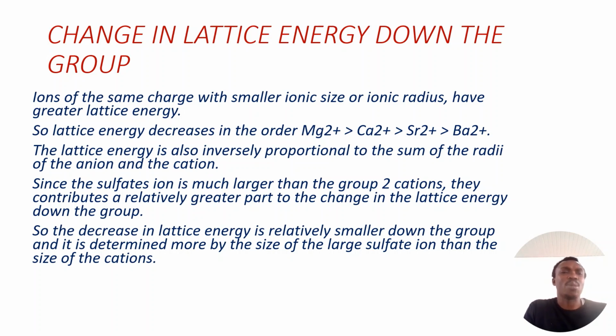So the decrease in lattice energy is relatively small as you go down the group, and it is determined more by the size of the large sulfate anion than the size of the cation. So the effect of lattice energy is relatively small as we go down the group. We can't just consider the lattice energy alone.